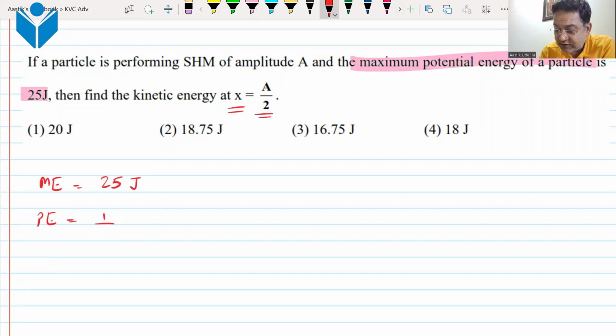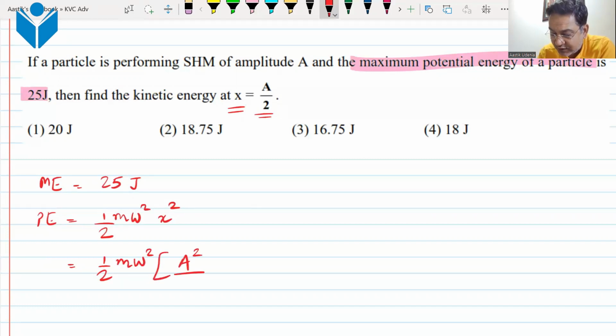Potential energy is half m omega squared into x squared, or half k into x squared, no matter how you write it. When I put the value of x as A by 2, it becomes half m omega square into A square by 4.